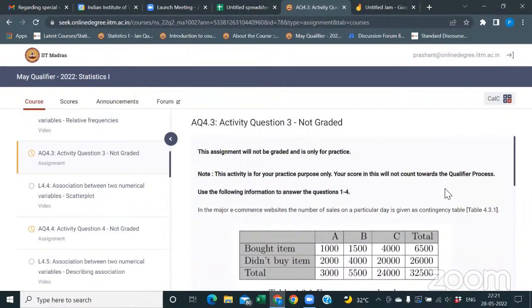So what will you do? Normally we take the 4,000 multiplied by what they gave and divided by 100, right? No, divided by the total, multiplied by 100. So it will be 4,000 divided by 6,500 into 100. Okay, percentage of bought item.